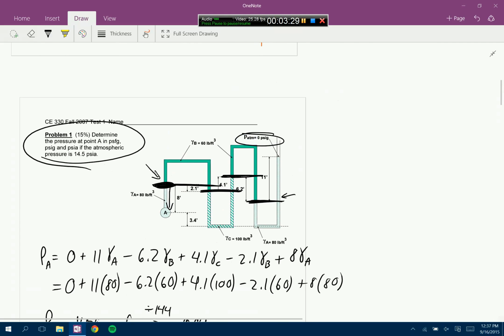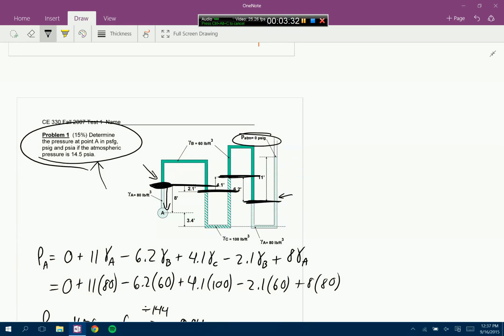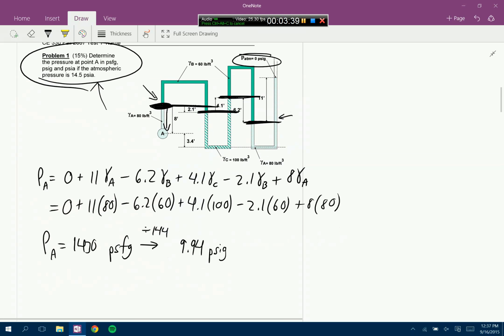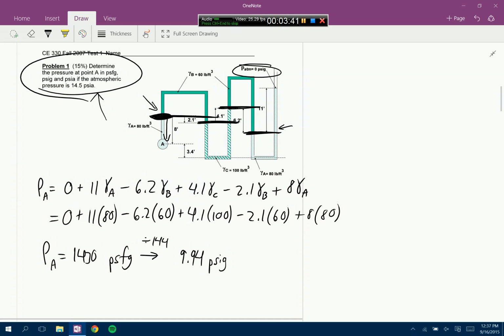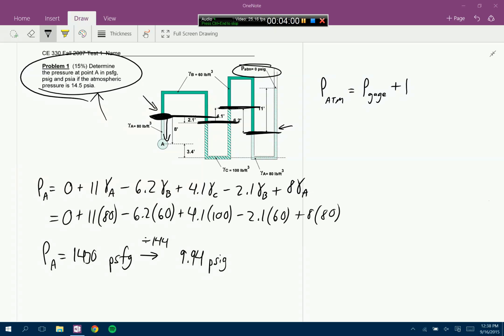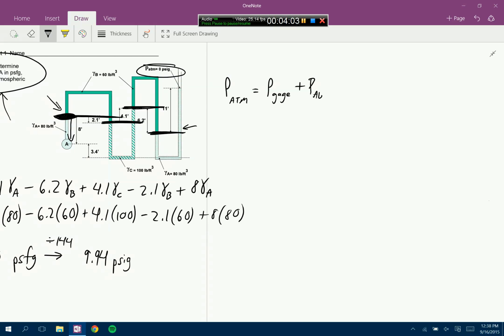And then it asks for the pressure in psia, which is pounds per square inch absolute. And it is given in the problem that the atmospheric pressure is 14.5. So all that means is P absolute is equal to the pressure in gauge plus P atmospheric, which in this case is 14.5.